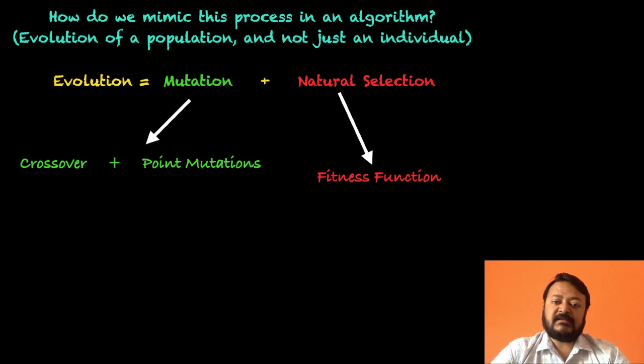So mutation can again be of many types, but essentially what is relevant to us is these two types of mutations, which are called crossover and point mutations. We'll see in a minute what each of these means. And natural selection is essentially governed by what is called a fitness function. So here again it is important to understand that in biological organisms, the natural selection is not necessarily governed by such a single fitness function.